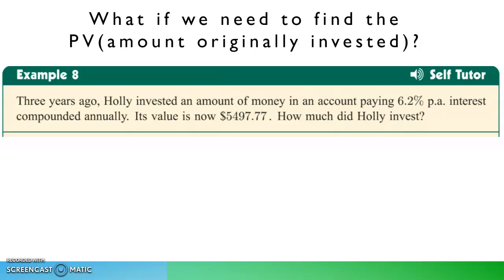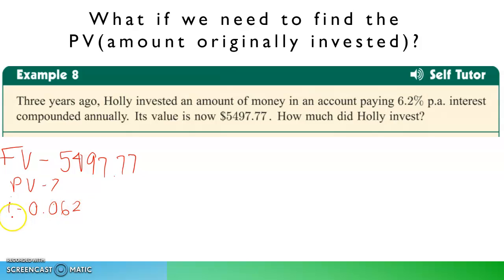All right, so we know the future value is $5,497.77. The present value is what we're trying to work out. We're trying to work out how much she deposited. We know that the interest rate is 6.2%, which is 0.062 as a decimal.